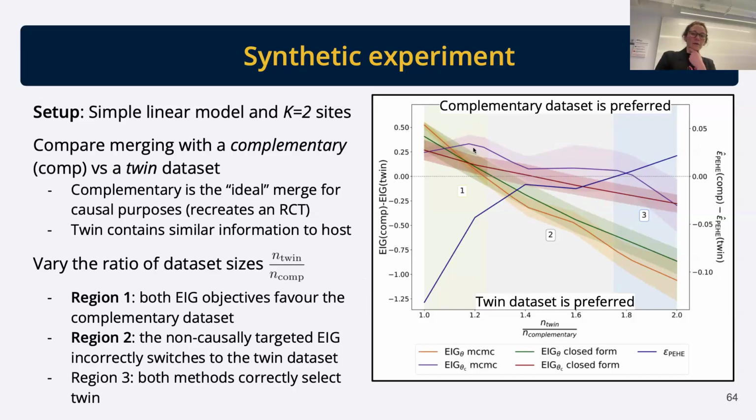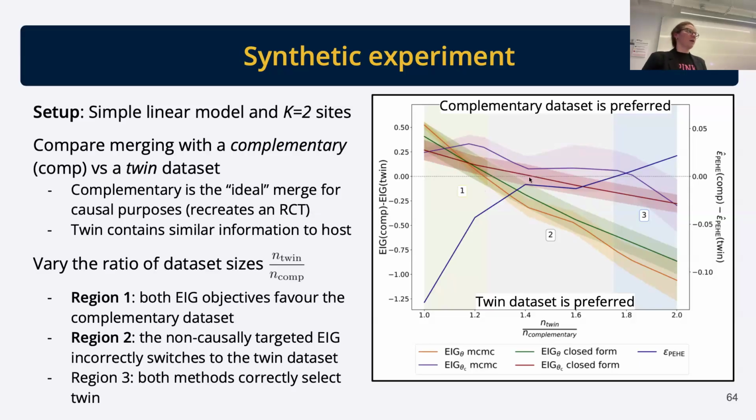And indeed, in region 1, both EIG objectives, the first EIG objective is just targeting all of the parameters in our model, will favor the complementary data set, i.e. the correct one. In the second region, where we have more samples in the twin data set than in the complementary data set, the non-causally targeted EIG will incorrectly switch to the twin data set, right? We can see these 2 lines, the green one and the orange one, are below 0, whilst the causally targeted EIG is still above 0.